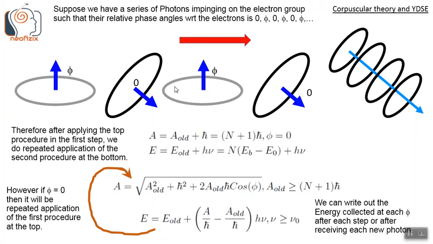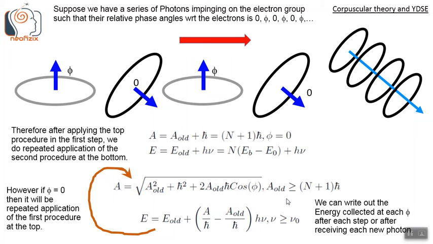So for the first one, we apply this, and for all the others which follow this first photon in this series 0, phi, 0, phi, 0, phi, we can just repeatedly apply this second procedure at the bottom. However, if phi equals 0 here in this vector addition, then it will just become repeated application of the first procedure, because at phi equals 0, this becomes the same as this.